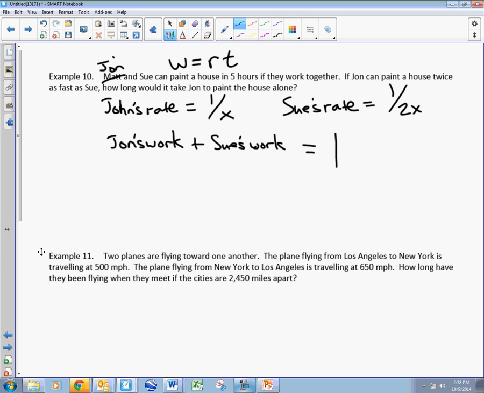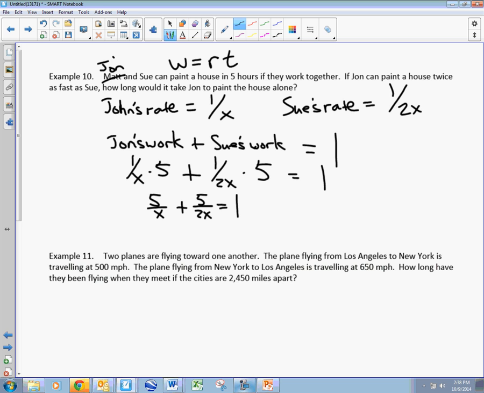John's work would be his rate, which is 1 over x, times how much time? 5. Plus, what's Sue's rate? 1 over 2x times time, 5. That should be equal to 1. So I have 5 over x plus 5 over 2x is equal to 1.